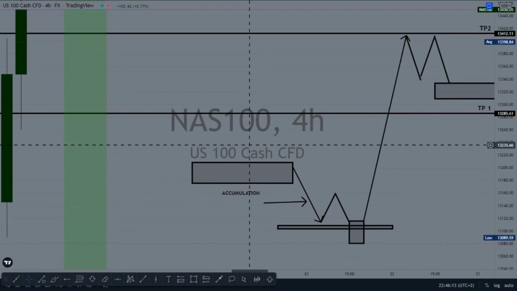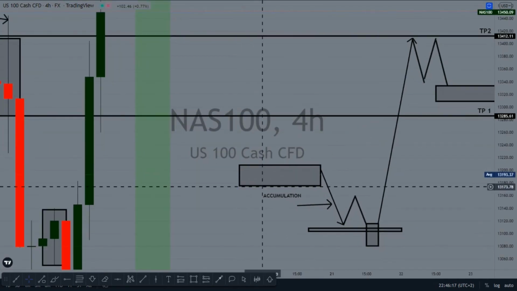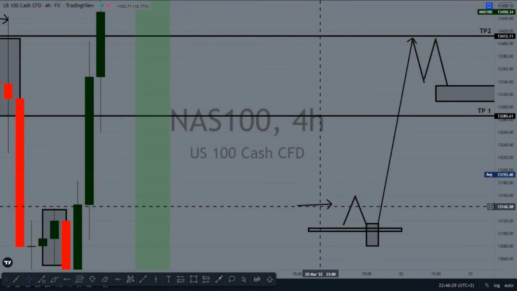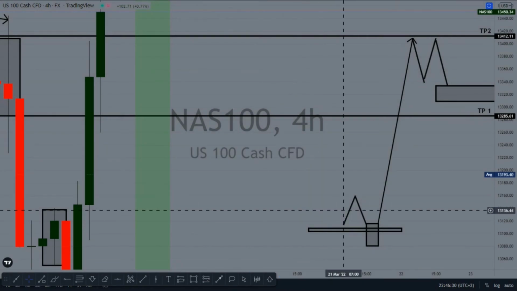So we're going to go through the market and check whether we find these patterns. All right, let me just remove everything here. We're going to go back to the charts.